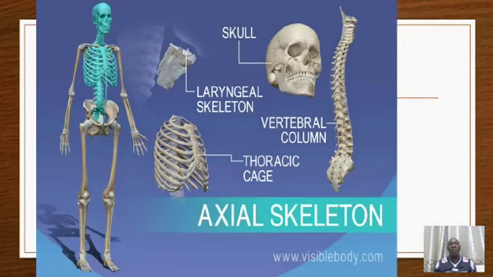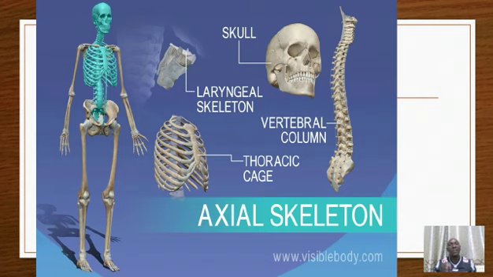Now we begin by looking at the axial skeleton. Those images that you're seeing, the one on the left shows the whole of your skeleton, how the bones are arranged in your body. We see a part of the skeleton drawn in blue and another part drawn in gray.